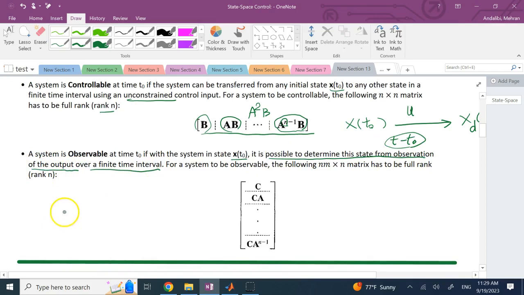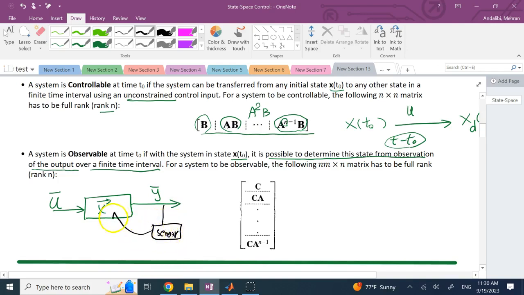Remember, your system is like a box that the input, or inputs, goes in, and the output comes out. Inside this system, there are these state variables. Observability means if I have a sensor to measure the output, then from those measurements I can calculate real, scientific values for x.